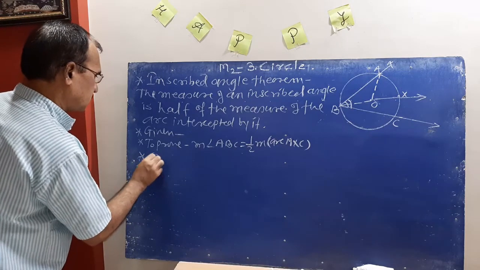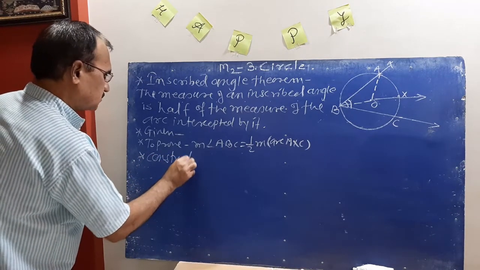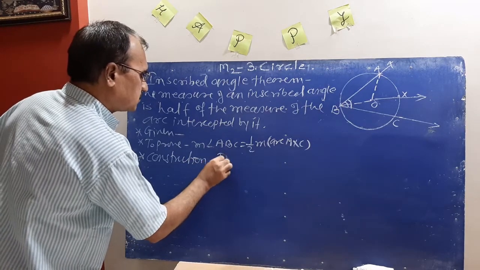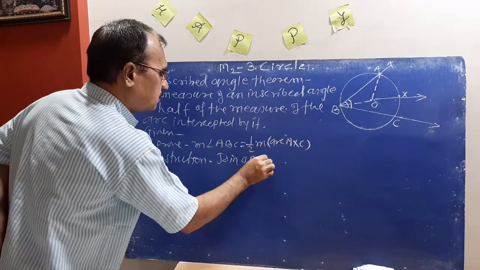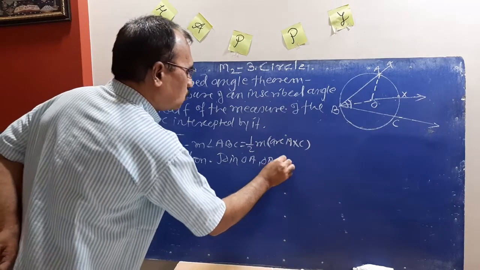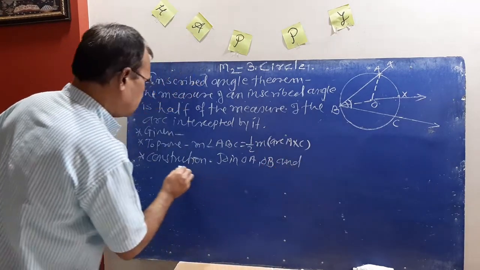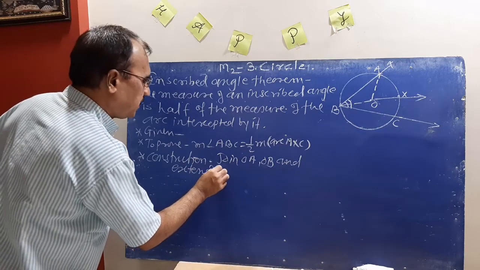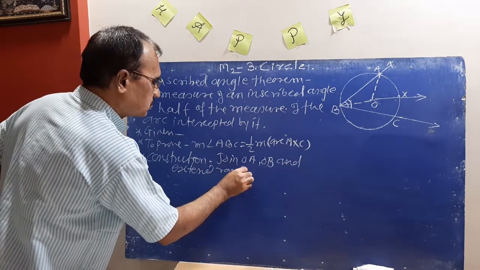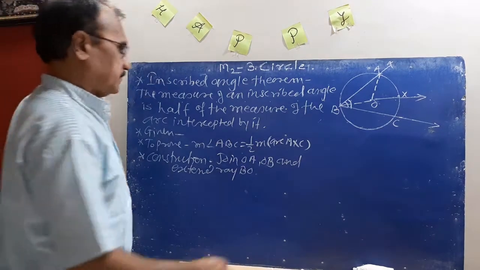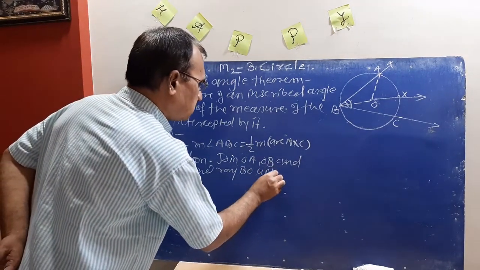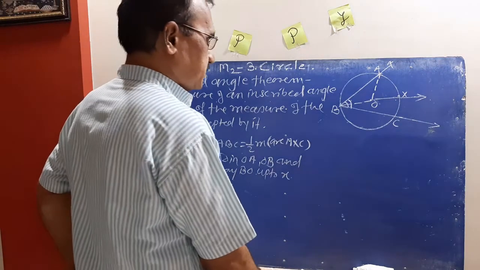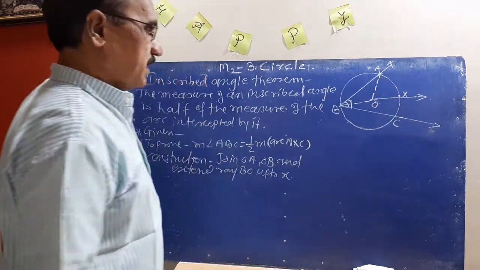Join OA, OB and extend ray BO up to X. This is the construction.